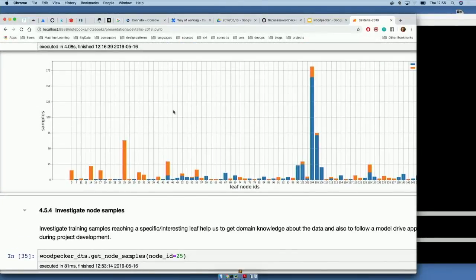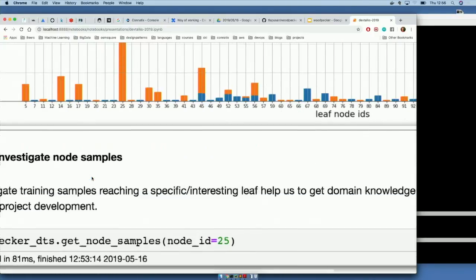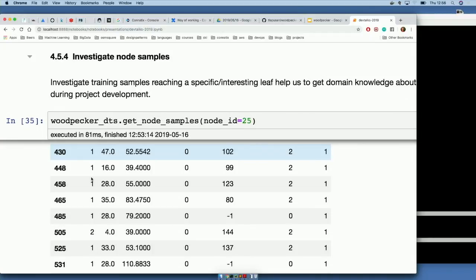Yes, here it is. So let's say we can look at another leaf, for example, this one, which is the opposite of the leaf I just presented. All the passengers from this leaf didn't survive. Can you tell me, before showing you the describe method, which kind of person is in this leaf?